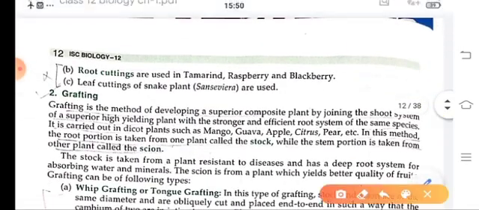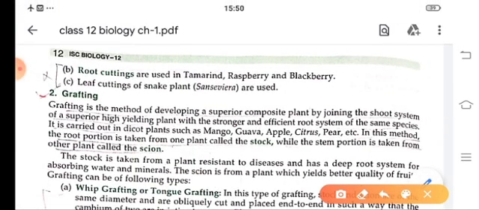Next is grafting. Now grafting is the method of developing a superior plant by joining the shoot of a superior high yielding plant and the root system of the same species of plant.